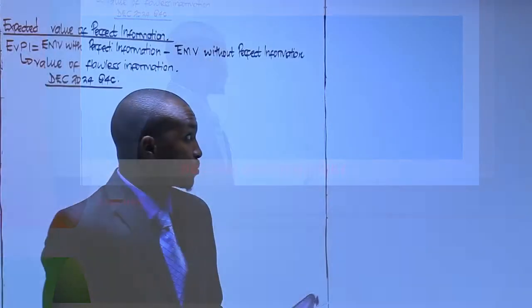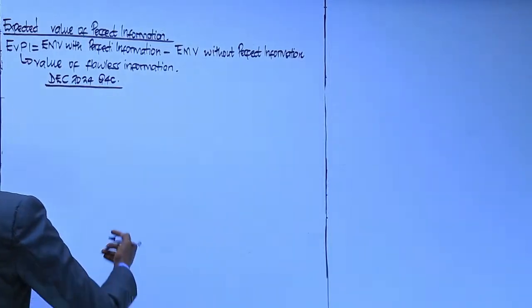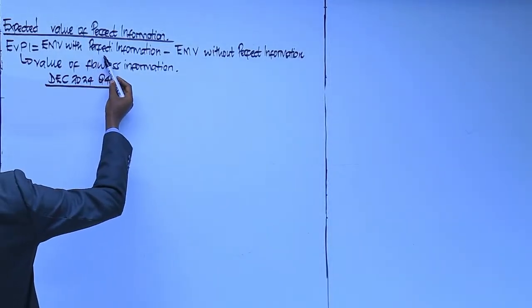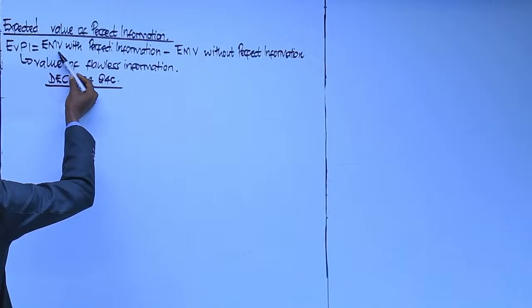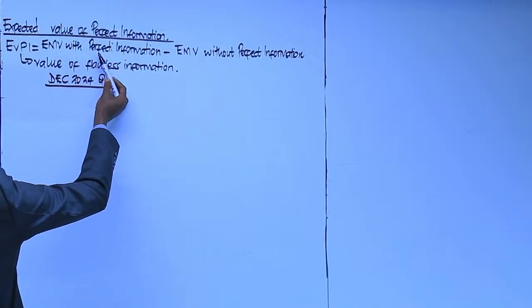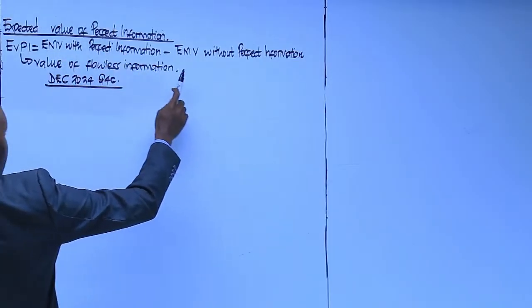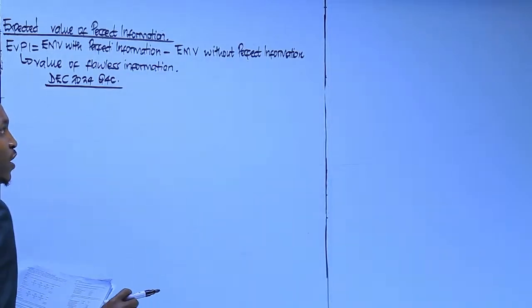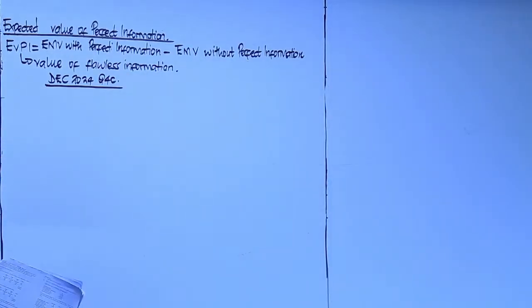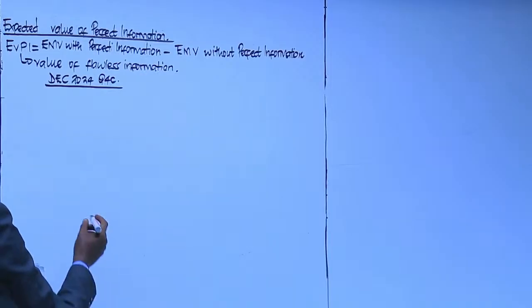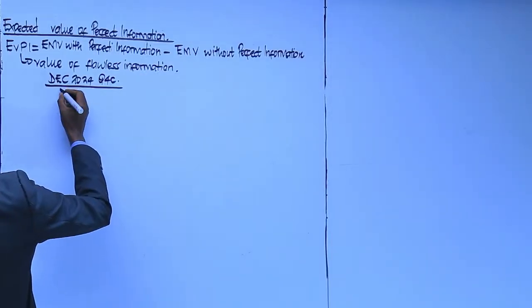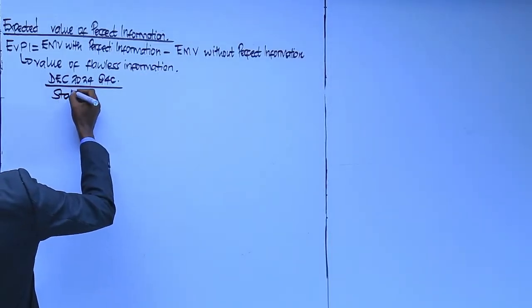All right. So what we need to do is determine our value of perfect information by getting the expected monetary value with perfect information minus the expected monetary value without perfect information. To do that, we need to prepare a payoff table.